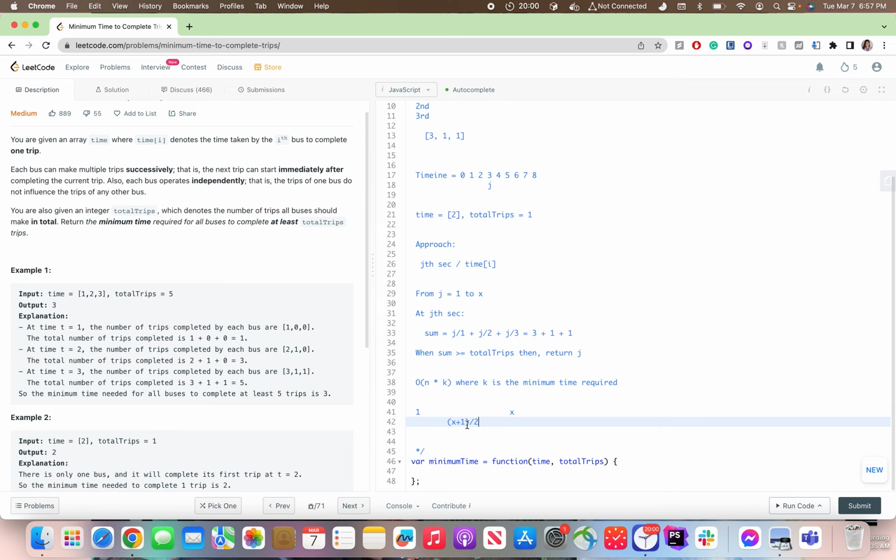If the sum at mid is greater, then we look to the left.